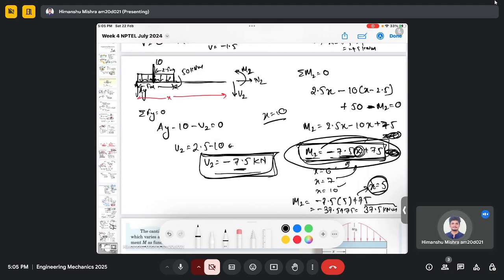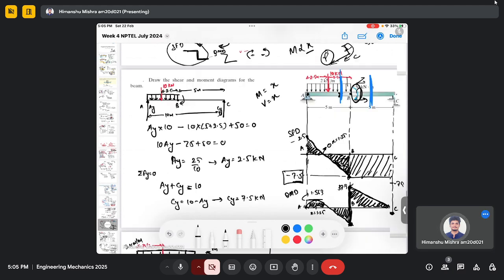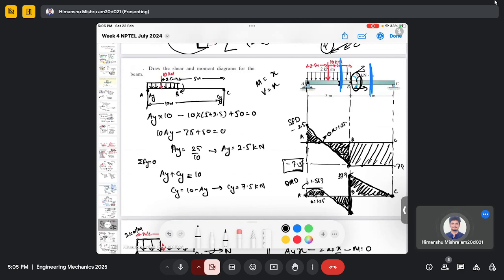So just to recap, we need to find the SFD and BMD for this problem. So we choose 2 points. One point we choose between A and B, so we can see how the shear force and bending moment diagram is varying in the UDL.